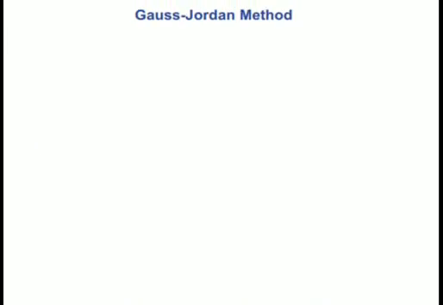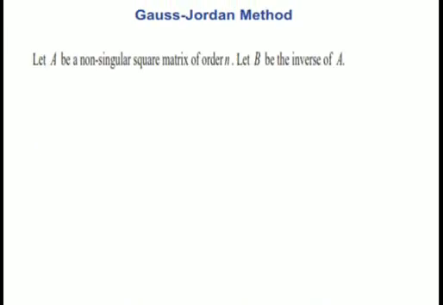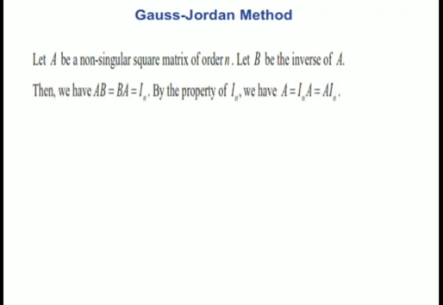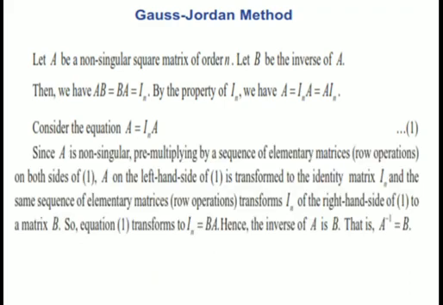Then Gauss-Jordan method. Let A be a non-singular square matrix of order n. Let B be the inverse of A. Then we have AB equal to BA equal to In. By the properties of In, we have A equal to In A equal to A In. Consider the equation A equal to In A, call it 1.